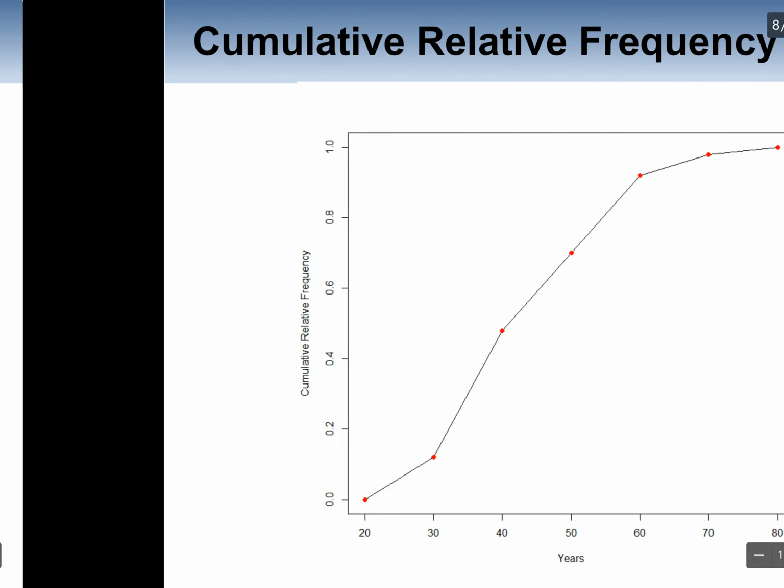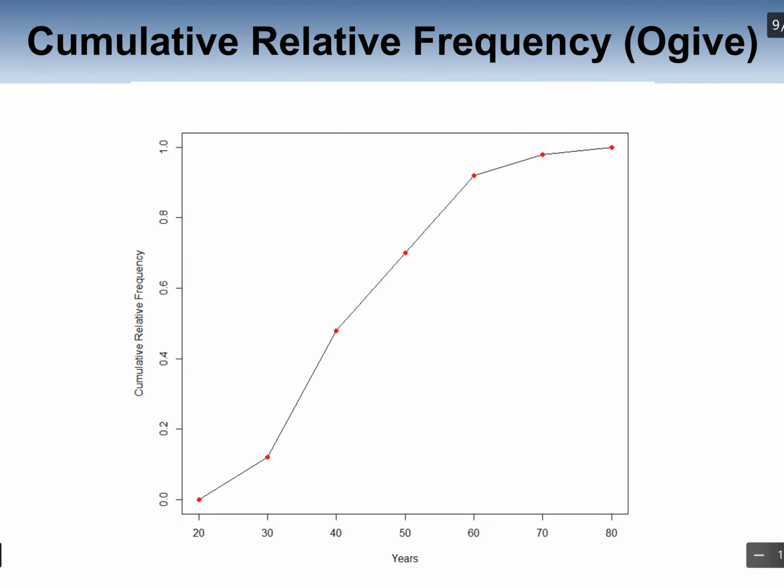Okay, and the last one, of course, is the cumulative relative frequency, and it's also an ogive as well, but here you can see the cumulative relative frequency. It's our last column in our table, and again, they line up. Here I just made it 0 to make it look nice, and then the next one is going to correspond to 0.12, this is going to correspond to 0.48, and so on.